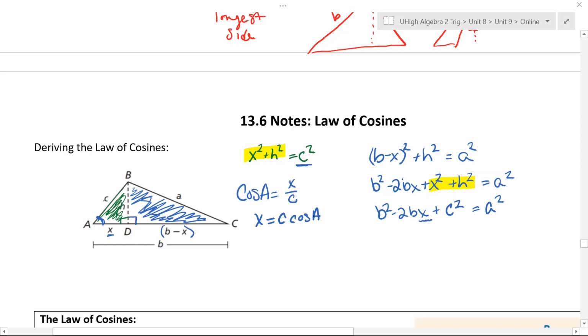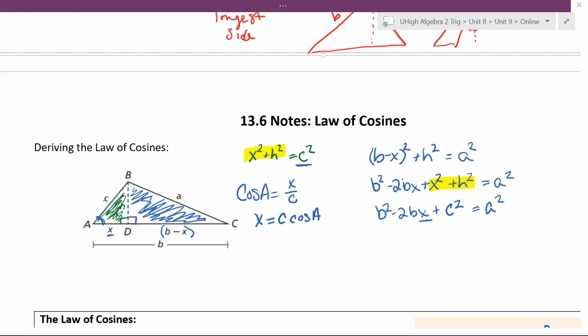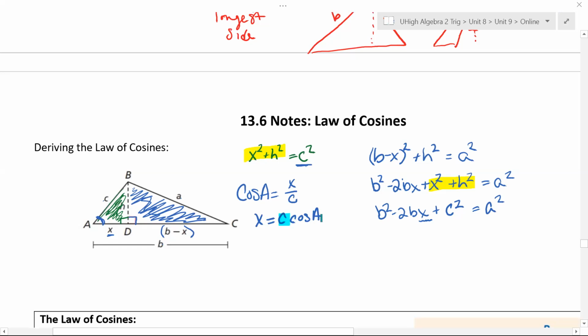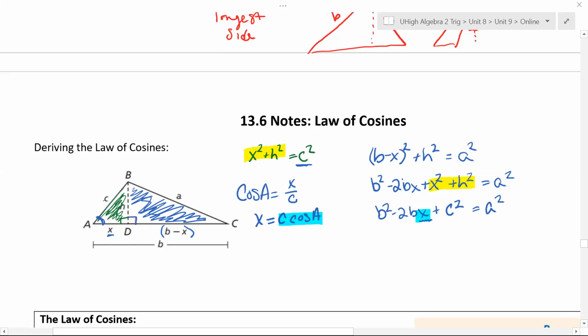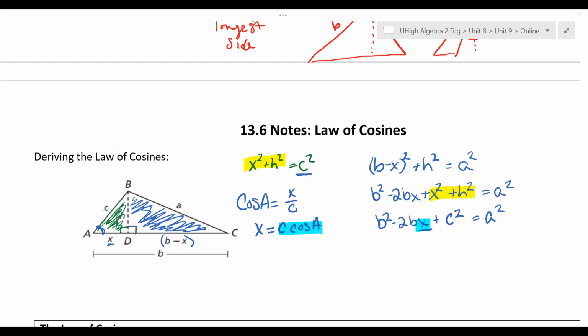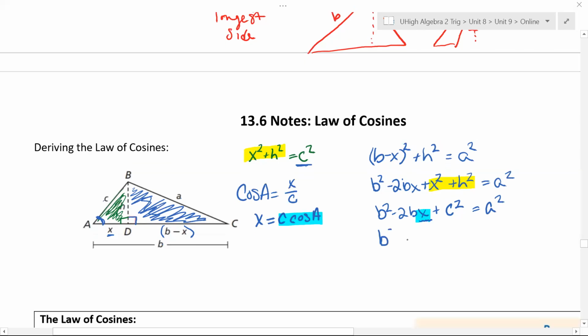Now if I substitute what I just solved for in for x, I can have everything in terms of my side lengths and my angles. So I'm going to have b squared minus 2b times c cosine of A plus c squared equals a squared.